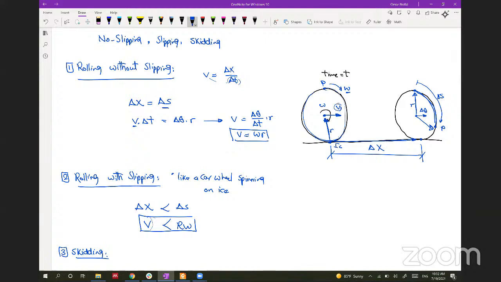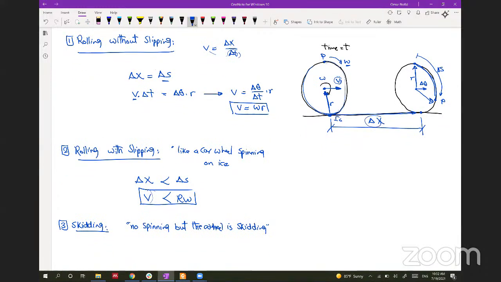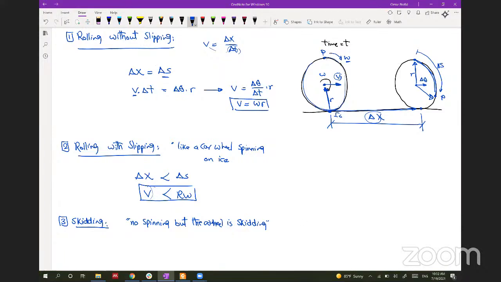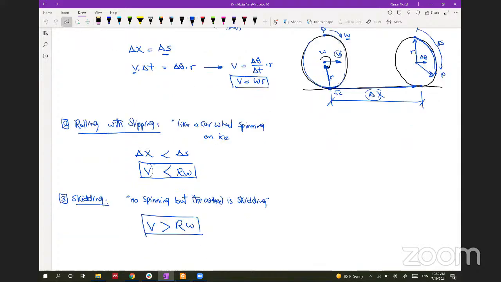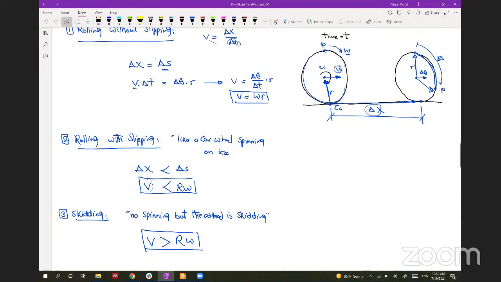So there's no spinning here, but the wheel is skidding. It keeps moving in the delta x direction and making a translation without the wheel rotating. So here we can say that the translational velocity is more than r omega. So this is the difference between these three concepts.